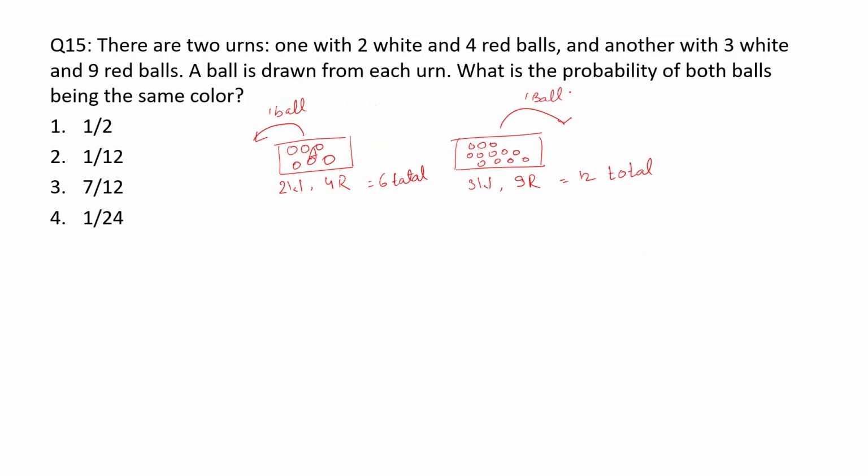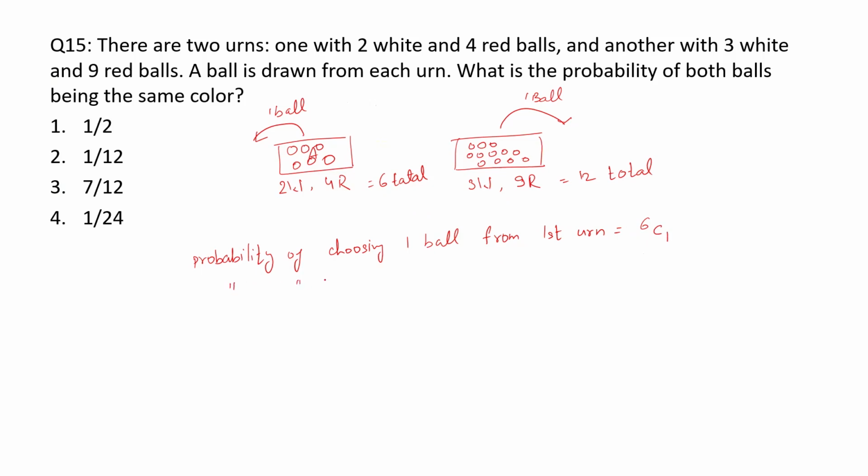Okay, so first thing you have to calculate is the probability of picking one ball from the first urn and the second urn. So, probability of choosing one ball from the first urn. What is the probability of picking one ball? Total is 6, so out of 6 you are choosing 1. So it is 6C1.